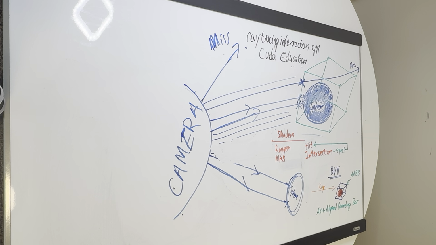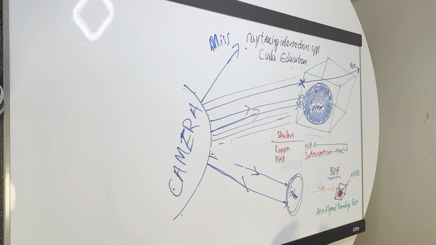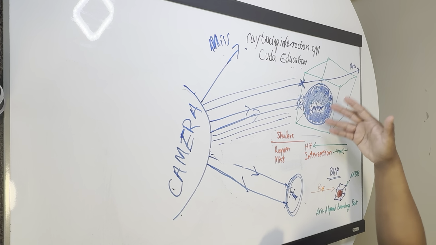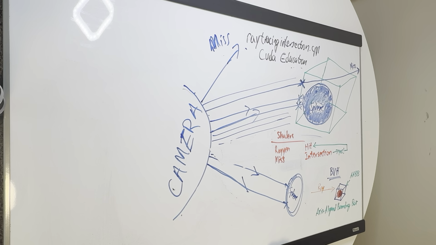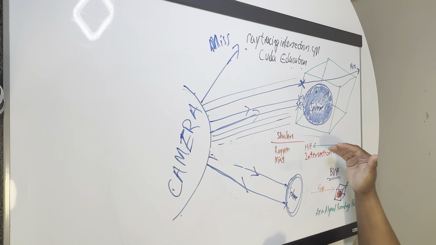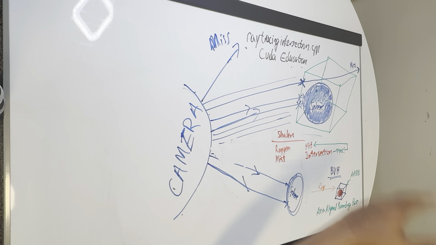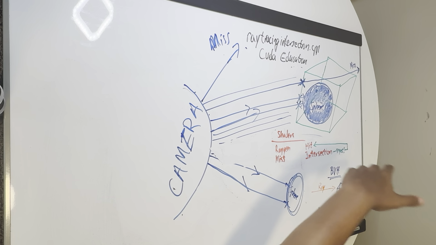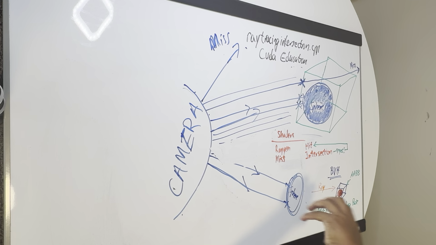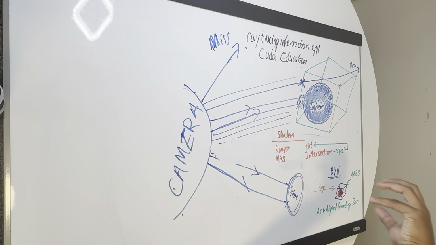Okay? This is how I understand it. This is how it's been explained to me, and that's how I'm rolling with it. So the hit shader is the painter. It's what lets you visually see the sphere. But the real processing is the intersection shader, because before you get to the hit shader, you have to know if the ray mathematically hit the sphere, right?